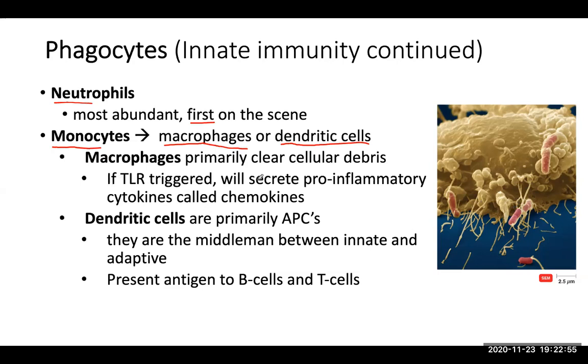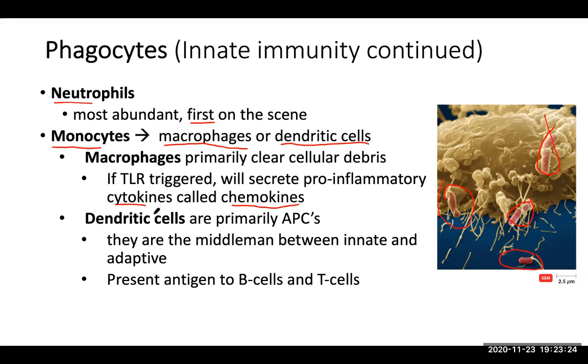In the process, as it's being a little vacuum cleaner, when it does come into contact with bacteria, like in this picture, it's going to release some cytokines, specifically called chemokines, just to let the other cells know that it did indeed encounter some bacteria, and we could have a possible infection. So that's going to recruit more white blood cells to the scene to make sure that everything's good and clear.